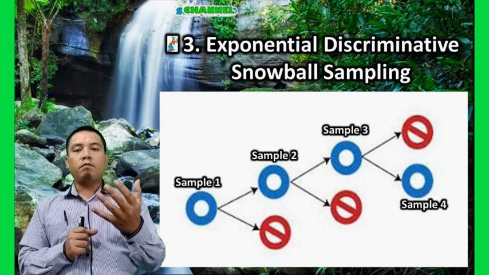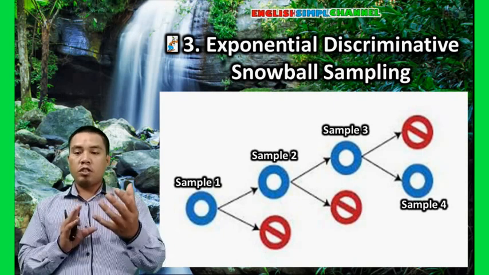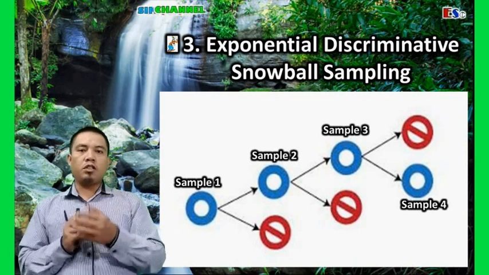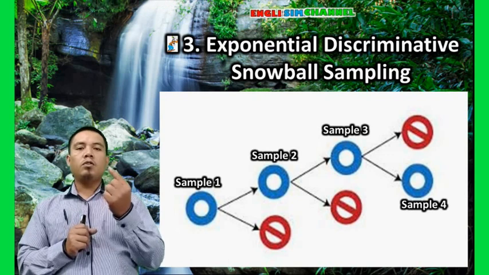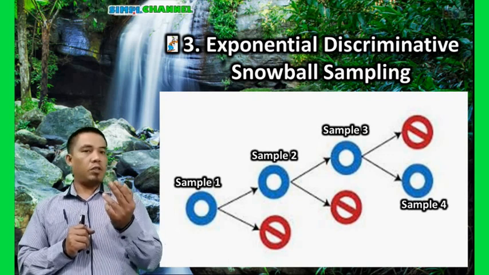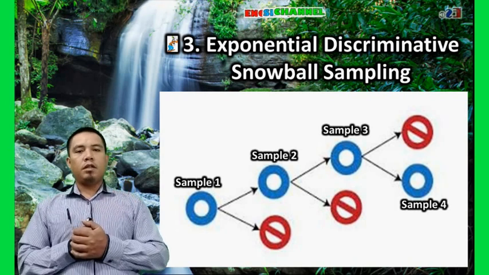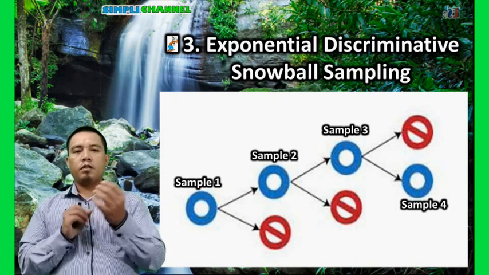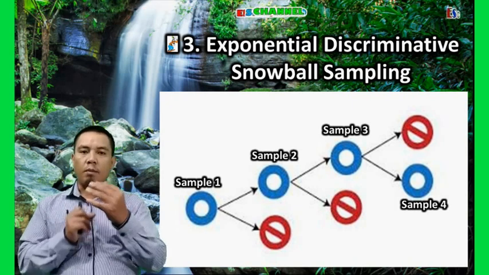But from those 5 samples, you only choose the one who is qualified to give you the information in answering your research question. That is discriminative. As you can see, the name gives you a clear definition. Discriminative means you only choose one from some.